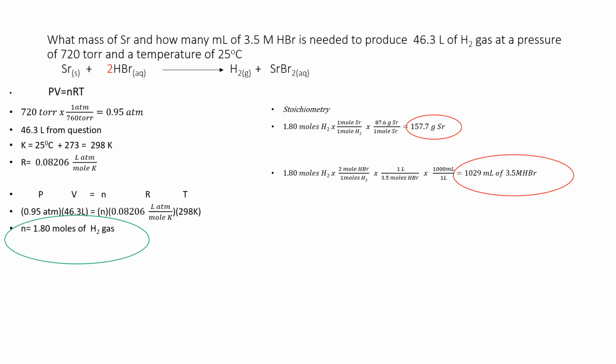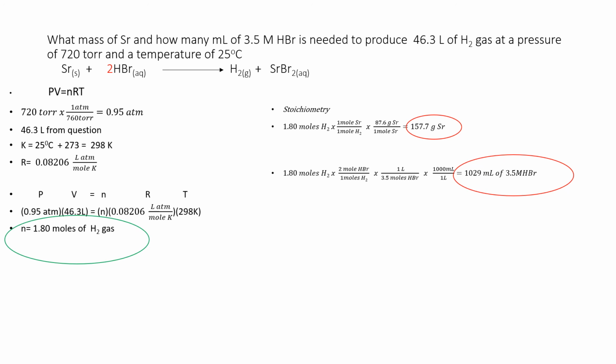So this question asks, what mass of strontium and how many milliliters of 3.5 molar HBr is needed to produce 46.3 liters of H2 gas at a pressure of 720 torr and a temperature of 25 degrees Celsius?